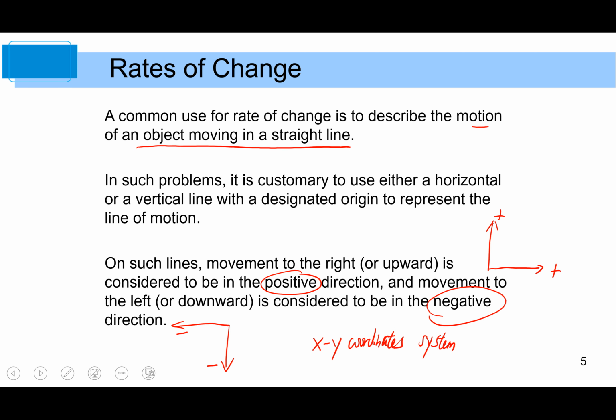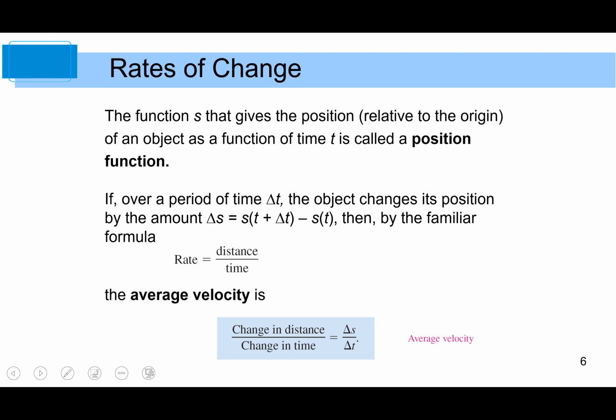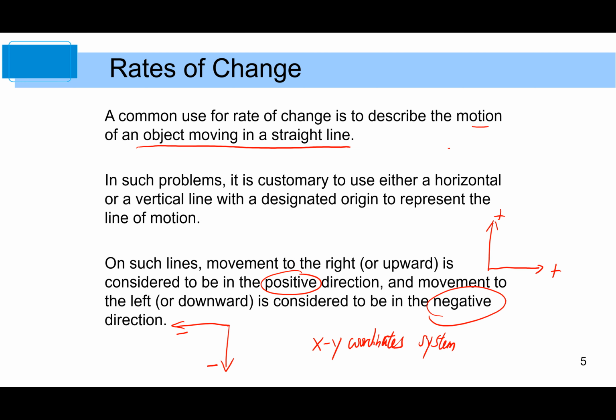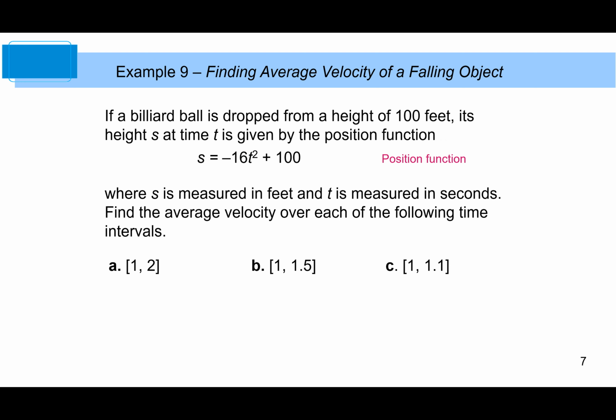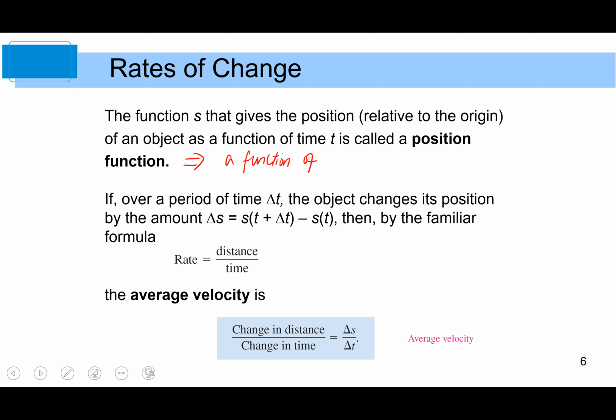The Cartesian system, right? The function s that gives the position of an object as a function of time is called a position function. So the position function s is basically a function of the position at a time t.